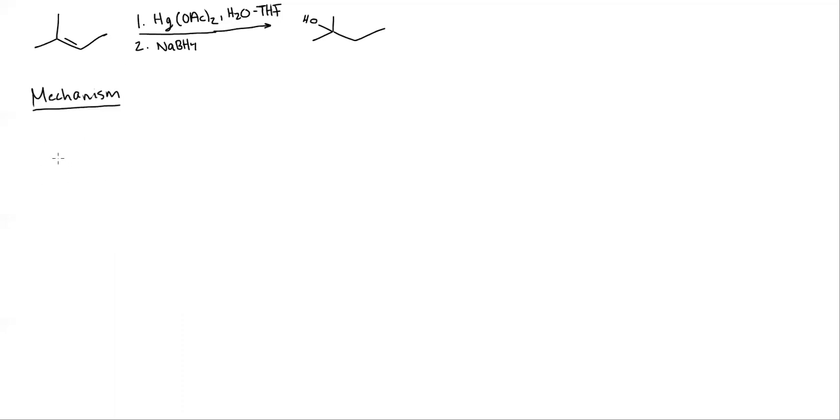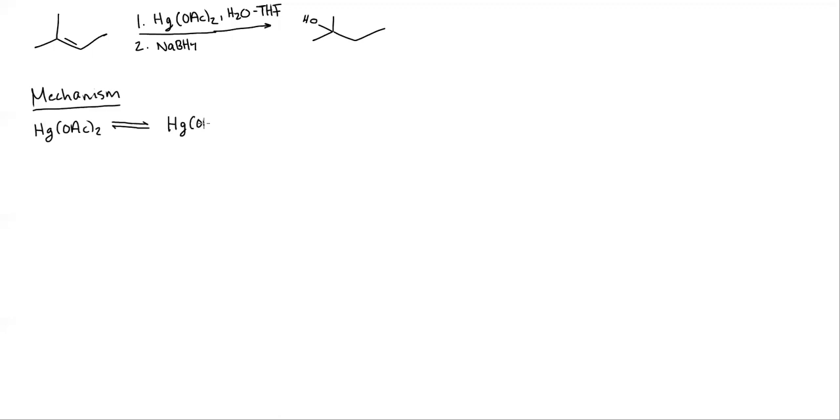Okay. So the very first step is that I have HgOAc2. And this HgOAc2 is able to dissociate in solution. So I have this HgOAc2 and it dissociates and loses one of the OAcs.